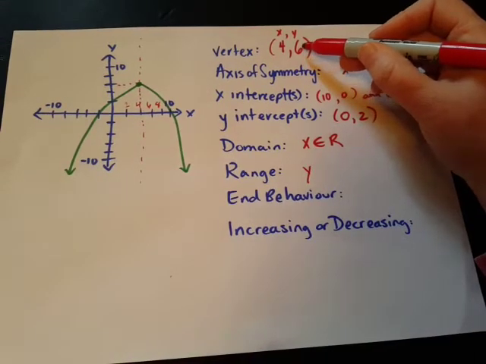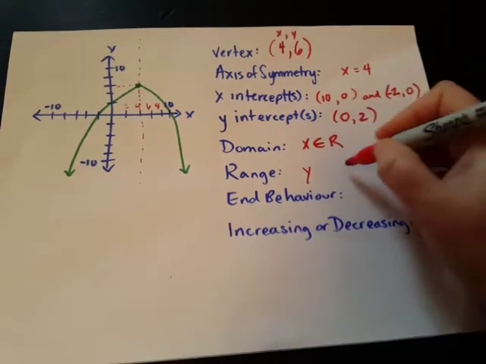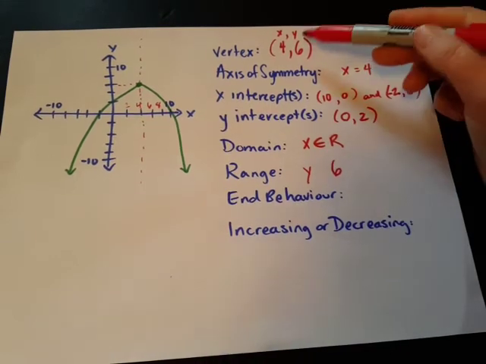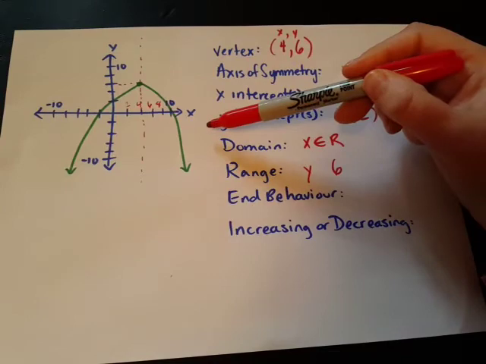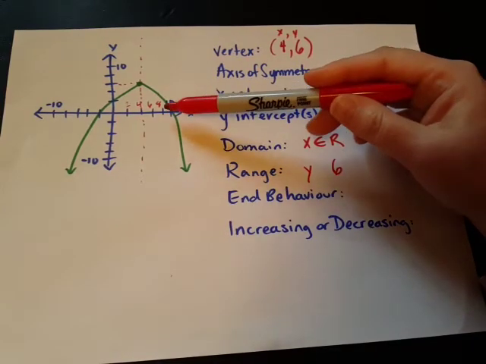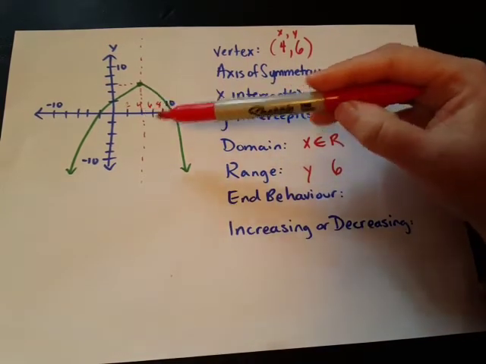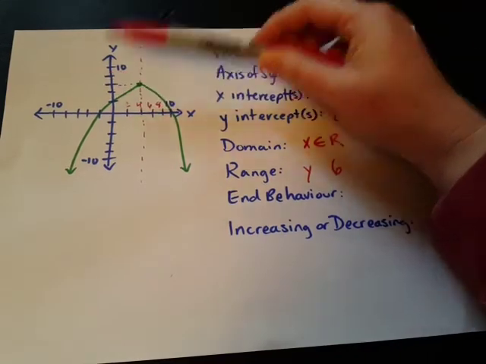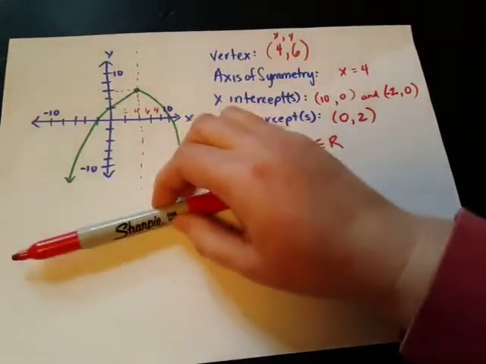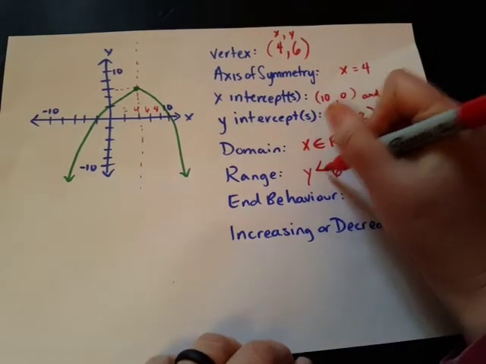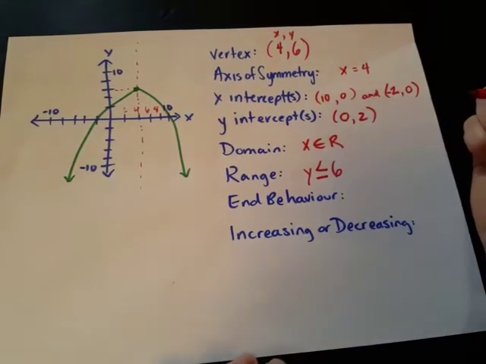So we want to refer back to the vertex value, so 6. Looking at the graph, is y bigger than or equal to 6 or less than or equal to 6? We can see that it starts at 6 and y is everything that's below that. So y has to be less than or equal to 6.